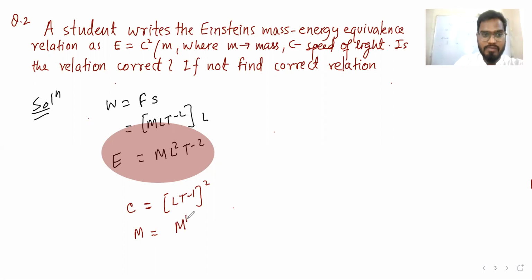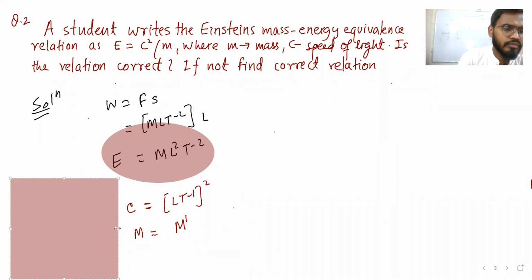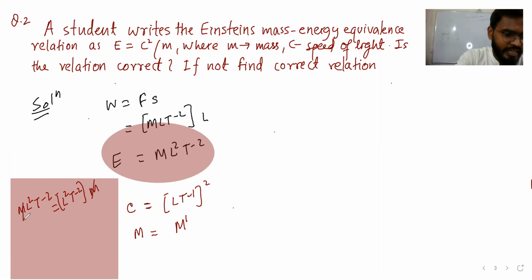Let's consider now. Now we can say, here we will solve. We don't have that much of a space. So let's try to solve. Now we can say energy is M L square T to the power minus 2, is equal to L square T to the power minus 2 into M. Is it correct? Oh, it is by of that.